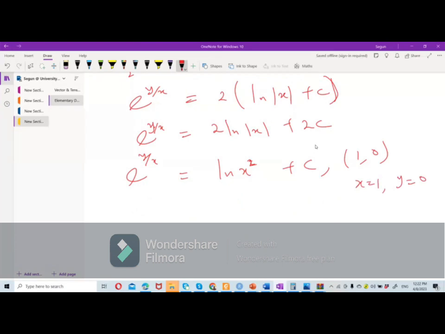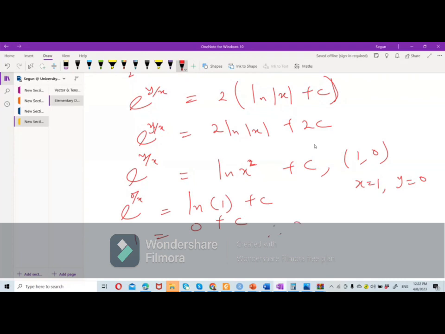Then I can substitute it. If y equals 0 in this case, that means exponential 0 over x, plane 1, plus c. So this one will give us what? Anything raised to power 0, exponential 0, is 1, equals ln 1, which is 0, plus c.